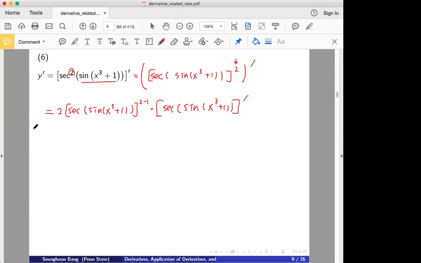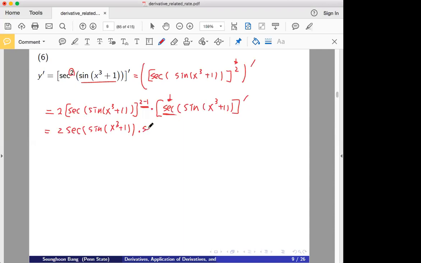The next one. This is the same as 2 times, the 2 minus 1 is just 1, we have secant of sine of (x cubed plus 1), times. So here, the secant is the outer function. What is secant prime? Yeah, secant times tangent.